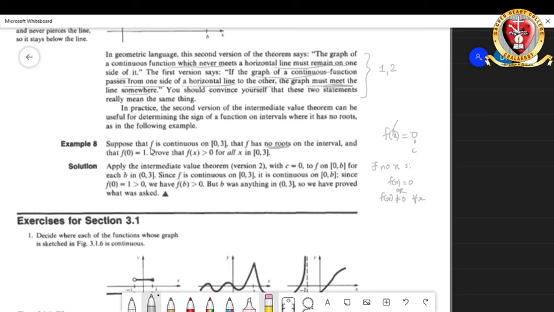So you can go through the question and follow the steps using your own logic, using the intermediate value theorem. It need not be the same statements which are given inside the text.